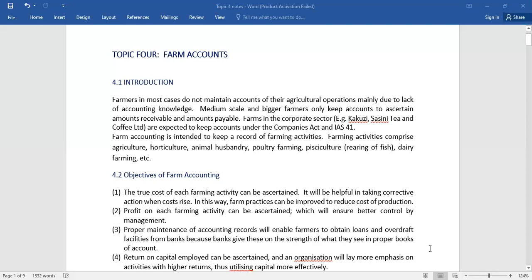You don't want to overstate or understate the value of inventory, because it will be key when getting the net profit. So to avoid overstating or understating, if for example it is livestock, the dairy cow itself will be your opening inventory.